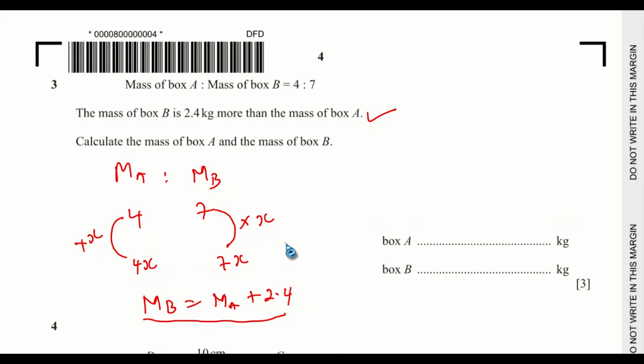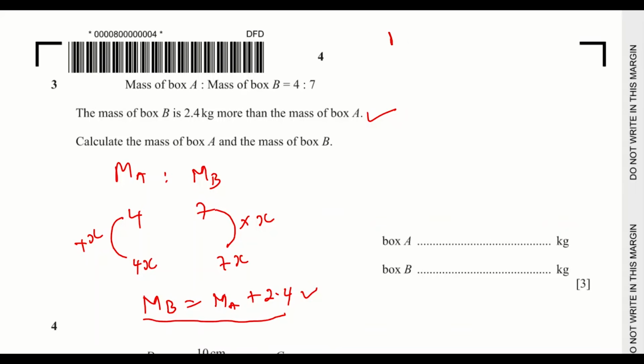Now we can make use of what we have here. So we have MB equals MA plus 2.4.